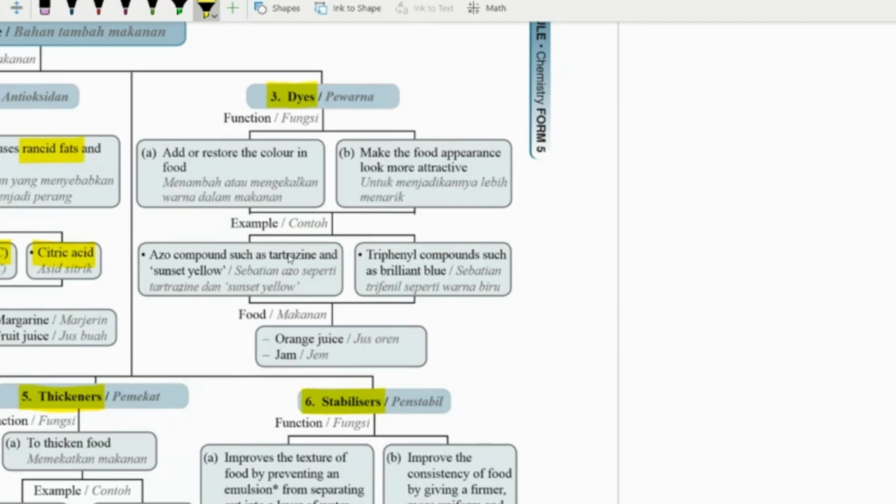So what are the examples? Azo compounds, such as tartrazine and sunset yellow. If you see these examples, it is under coloring or dyes. Or triphenyl compounds such as brilliant blue, used for example in orange juice and jam.